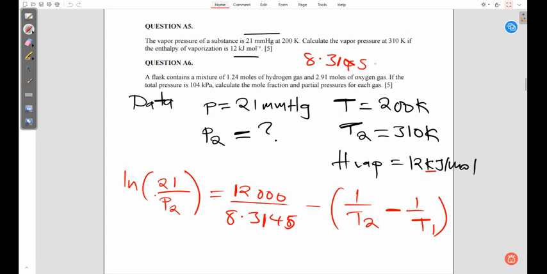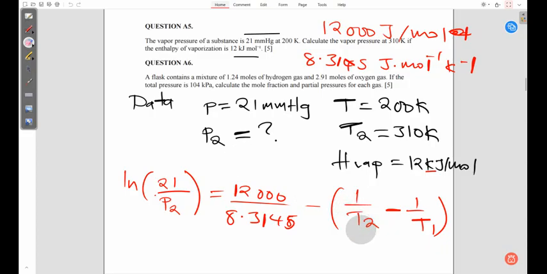It's negative. That's why even for the enthalpy of vaporization, I decided to use 12,000, so the units become joules per mole. So they're matching up, right? Temperature is in Kelvin.